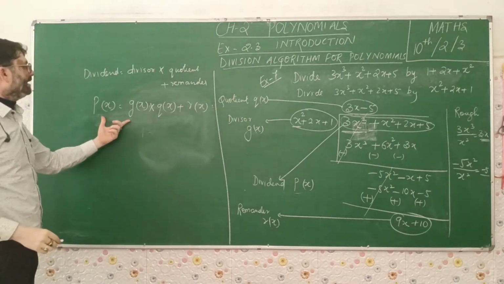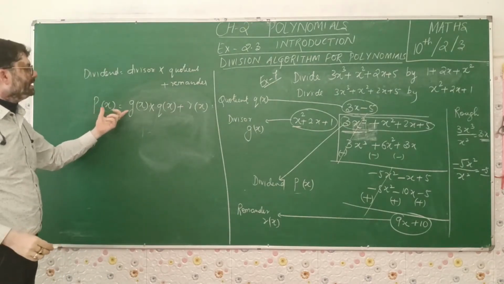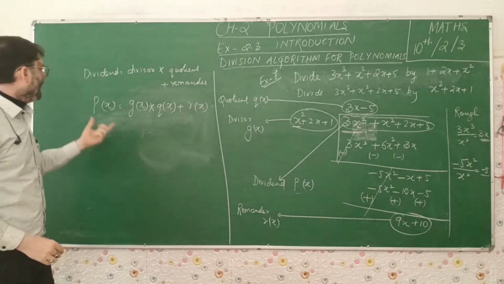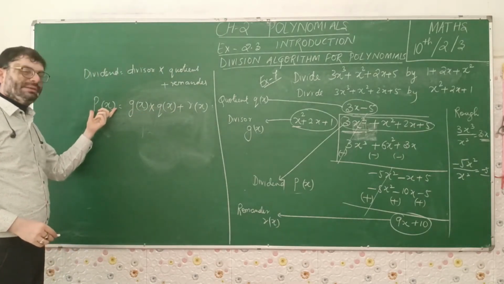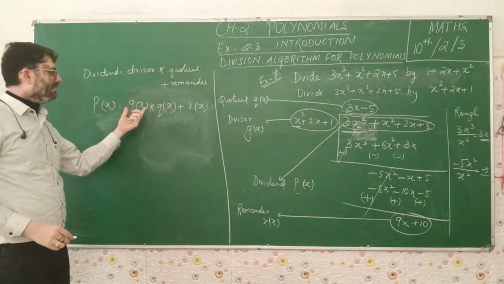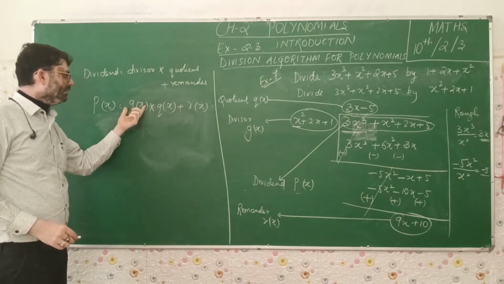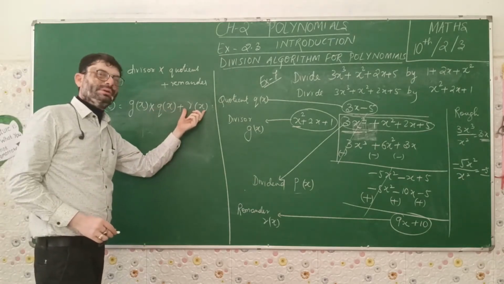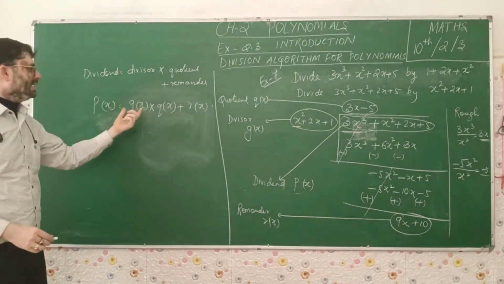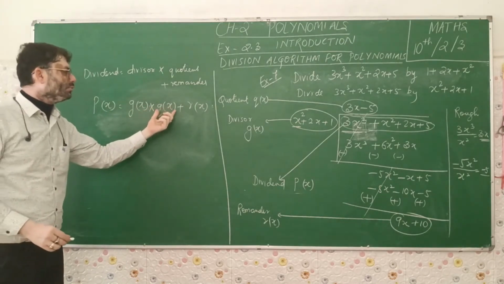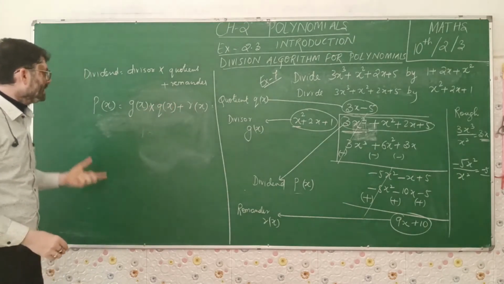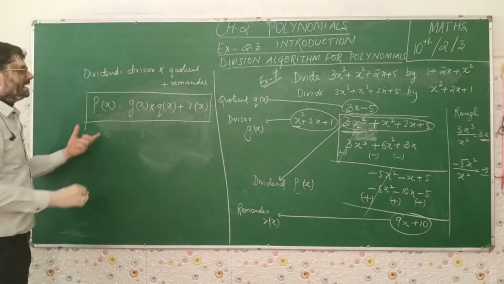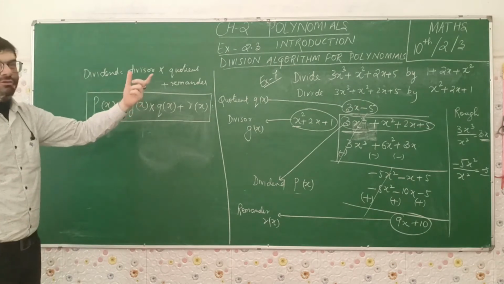Now we have got a relationship between dividend, divisor, quotient and remainder: dividend polynomial p of x is equal to divisor polynomial g of x into quotient polynomial q of x plus remainder polynomial r of x, that is, p of x is equal to g of x into q of x plus r of x. This relationship is considered to be the division algorithm for polynomials.